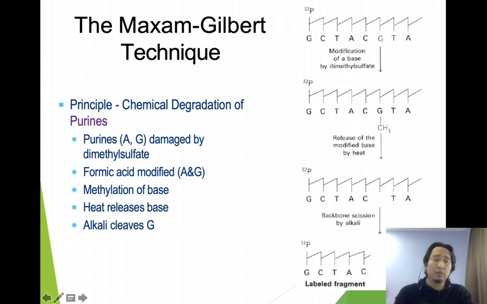First, let's go to the purines, the principle behind chemical modification of purines. Purines consist of adenine and guanine.